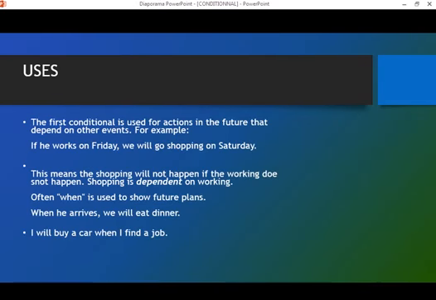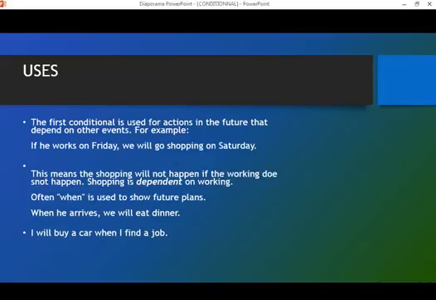When do we use the conditional type 1? The first conditional is used for actions in the future that depend on other events. For example, if he works on Friday, we will go shopping on Saturday. This means the shopping will not happen if the working does not happen.